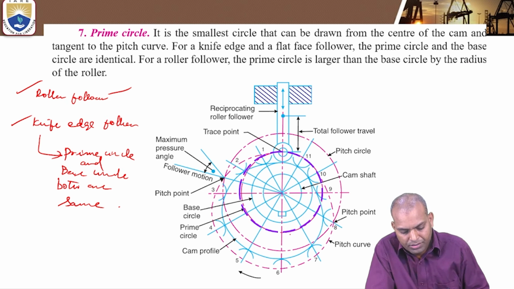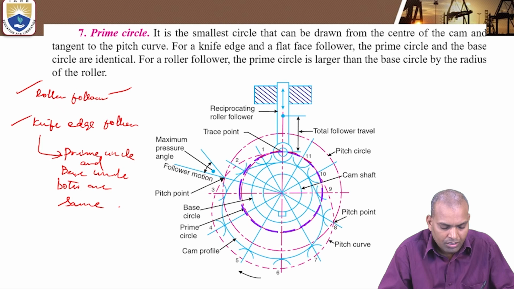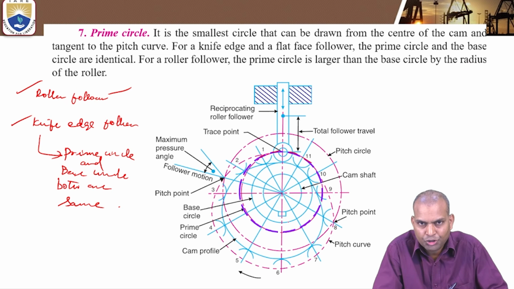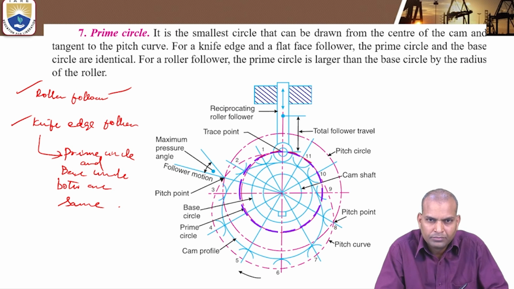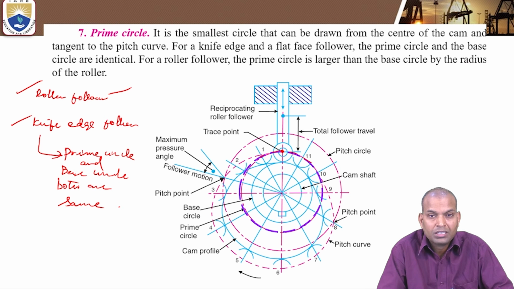Now here, the color of the curve indicates the prime circle curve. The prime circle is the circle drawn from the center of the cam through the center of the roller. This is the center of the roller that is passing through the tracing point.